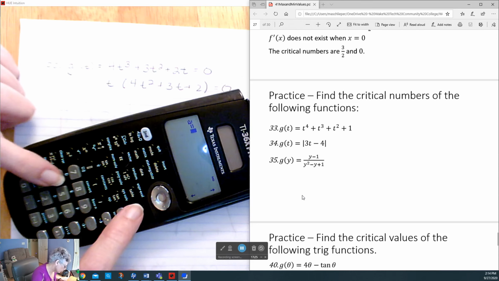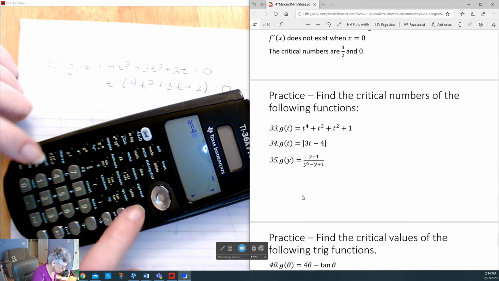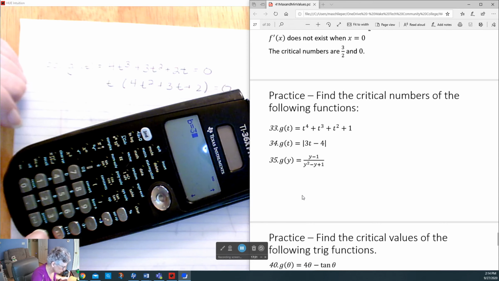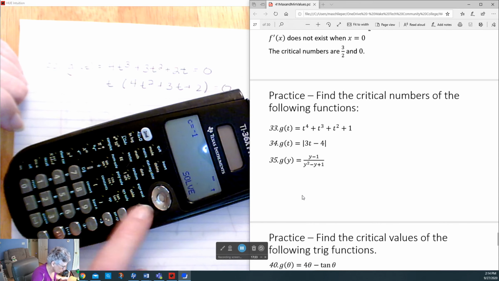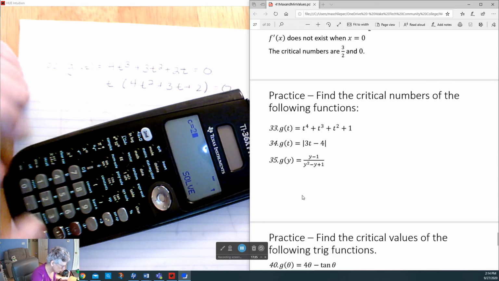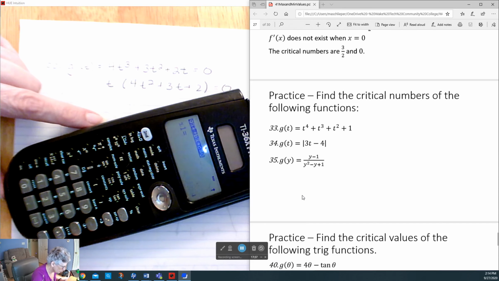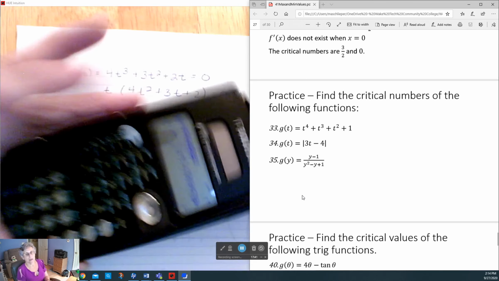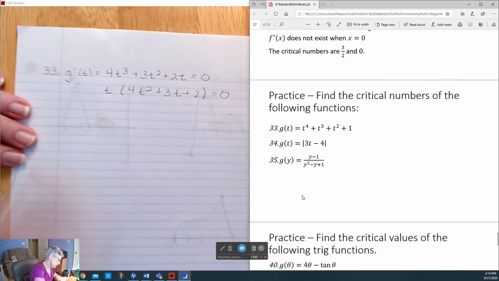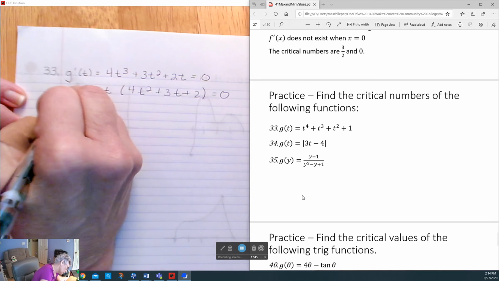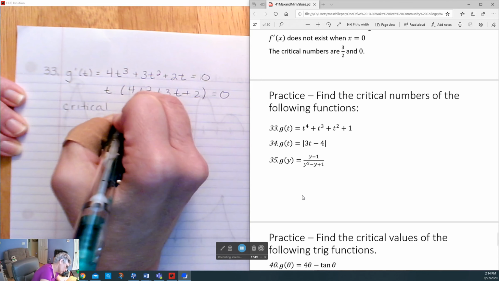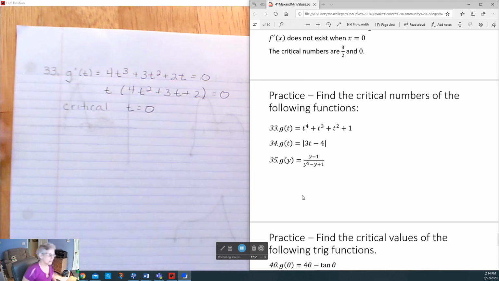Clear out the old number. Yep, it has imaginary roots. So the only critical number here is 0.